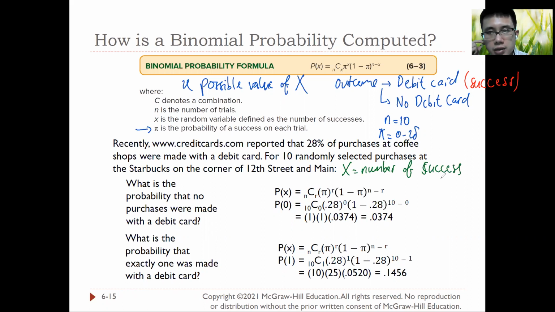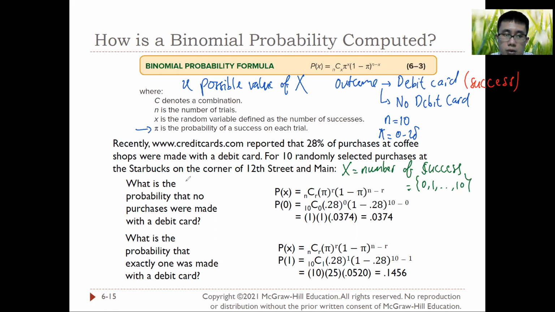Like this. And then first, the probability that no purchases are made by debit card. Since our x is the number of customers using a debit card from 10 customers, our possible values are 0, 1 until 10, like this.